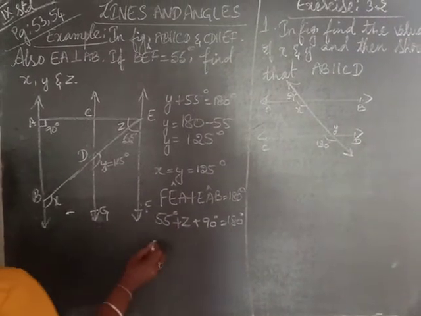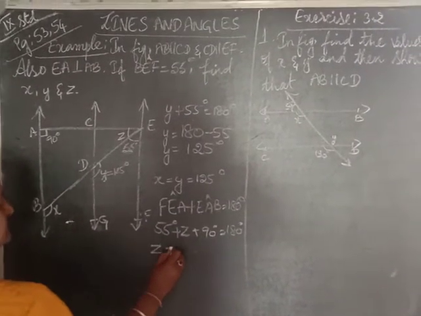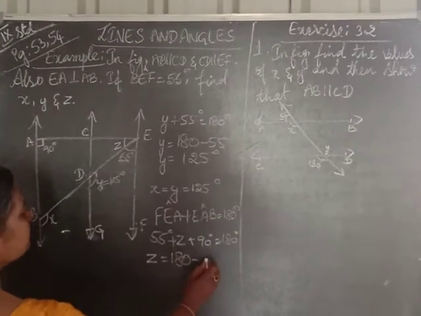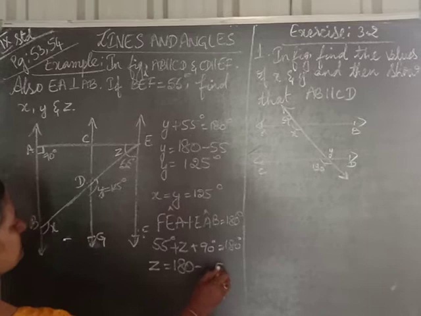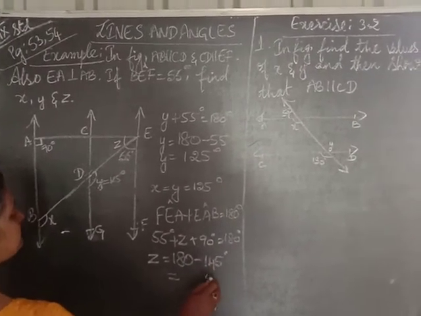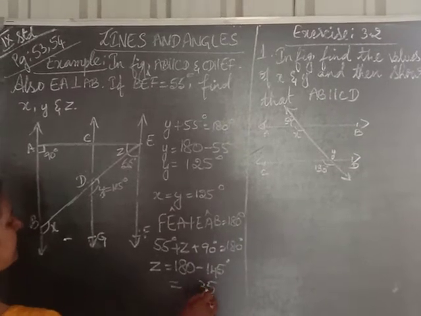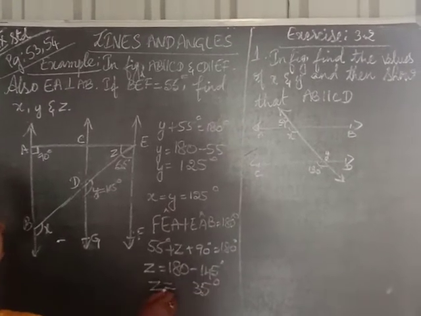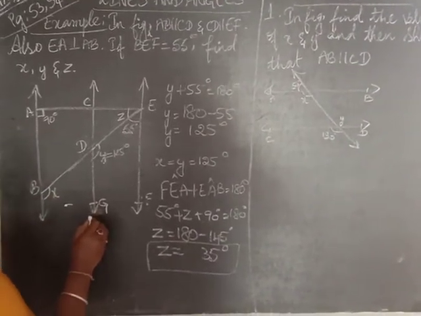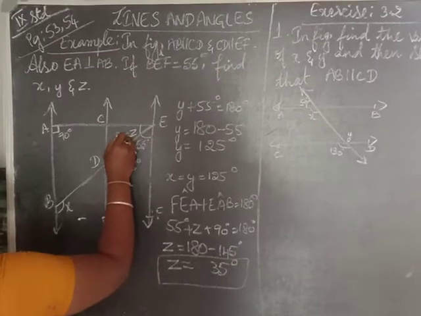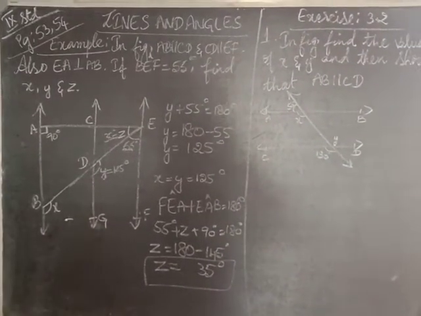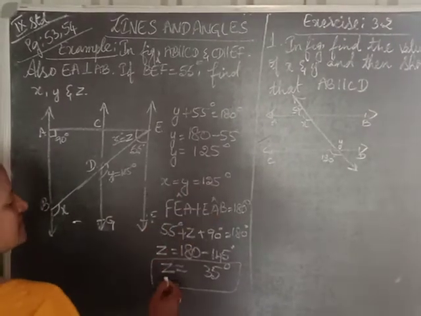Now, Z is equal to 180 minus 145, that is 35 degrees. Z is equal to 35 degrees. Okay, children, this is the answer. We got the X value, Y value and Z value.